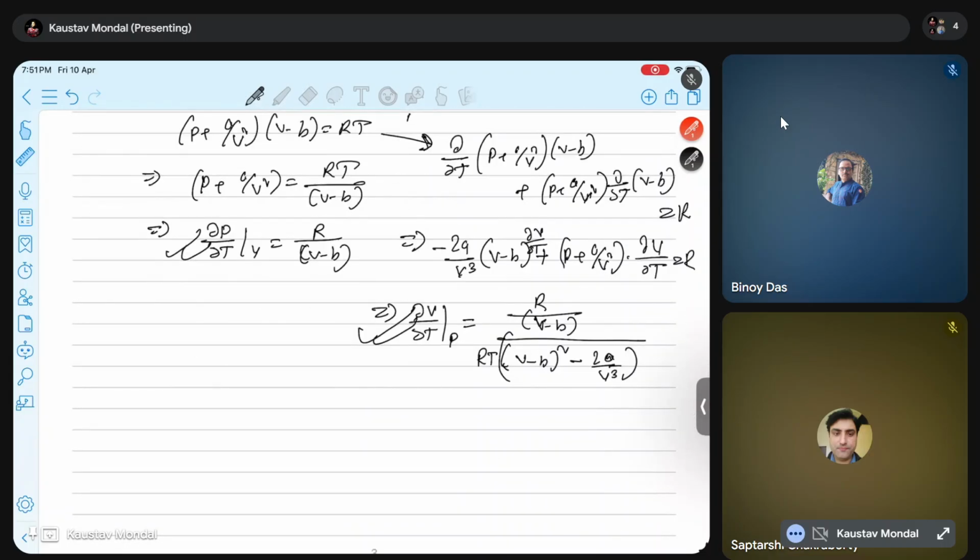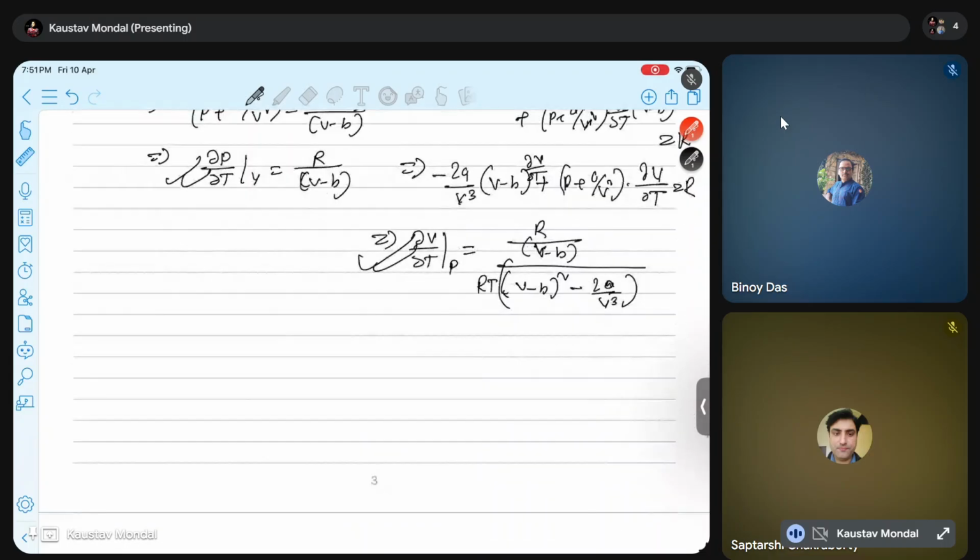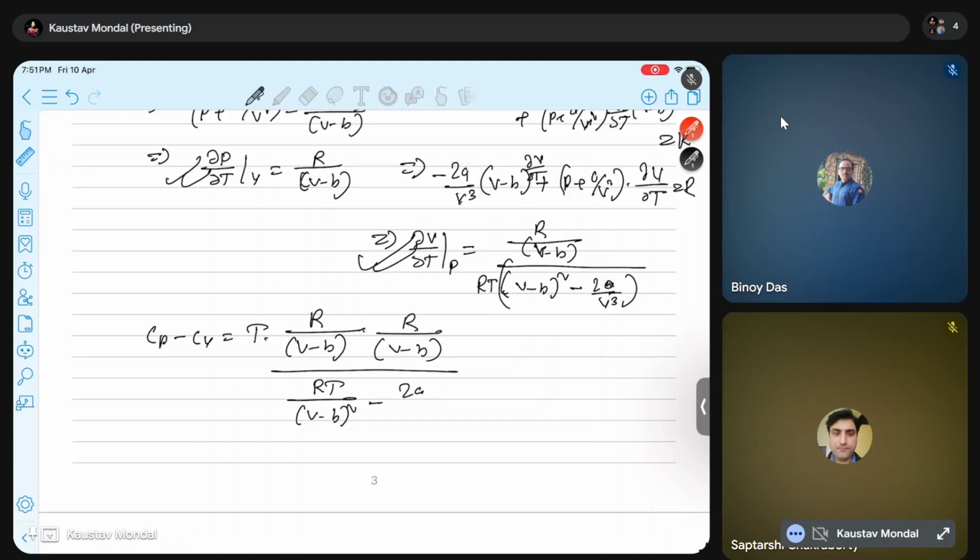If you do that, Cp minus Cv will become T into R by V minus b into R by V minus b divided by RT by V minus b whole square minus 2a by V cube.